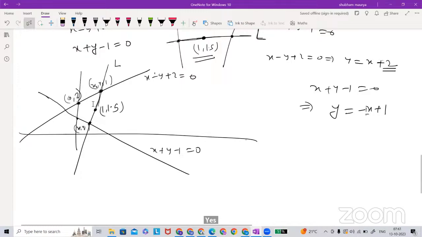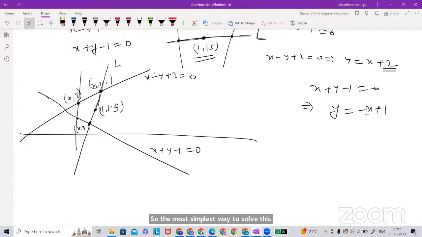So what will be the slope here? How will we calculate the slope? Sir, the simplest way to solve this problem will be to find the point C first. We can observe that both lines are perpendicular. Okay, these two lines are perpendicular. But sir, it is not given, how can we say that?